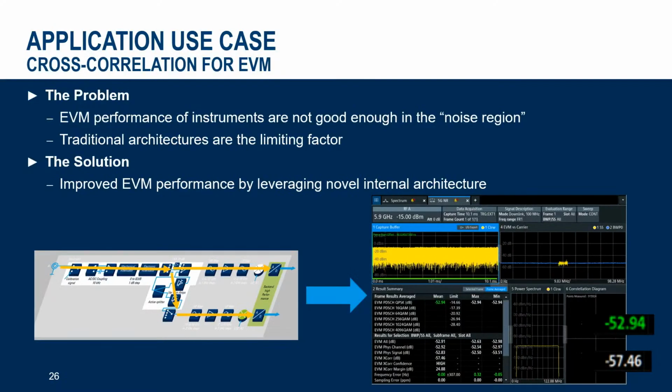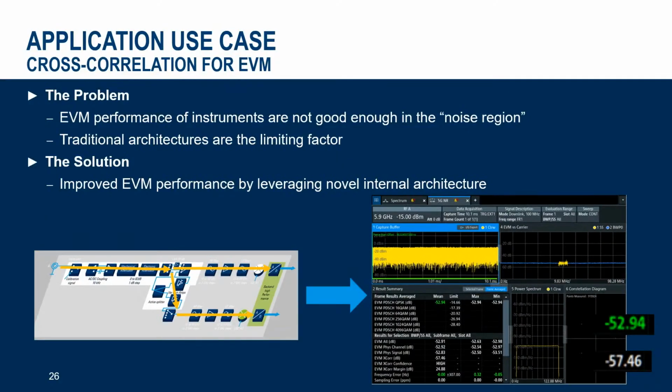Cross-correlation can not only be used for spectral measurements, it can be used for EVM measurements as well to characterize the modulation quality of a device under test. For example, instead of using the noise as signal, you can use the error vector and correlate the error vector. And that helps you to get rid of the inherent noise of the instrument.